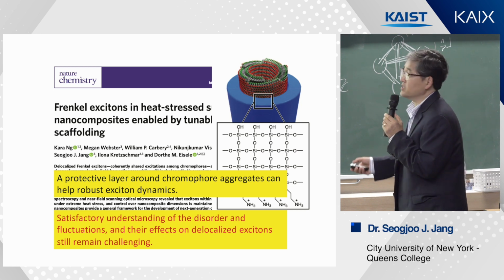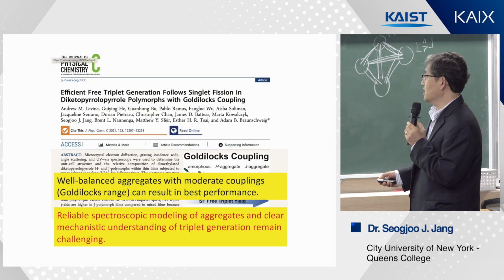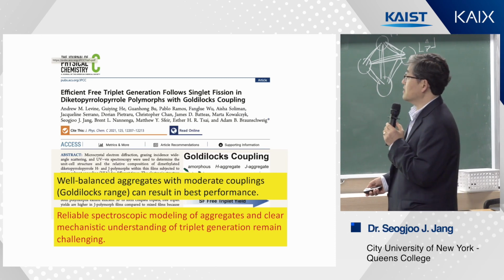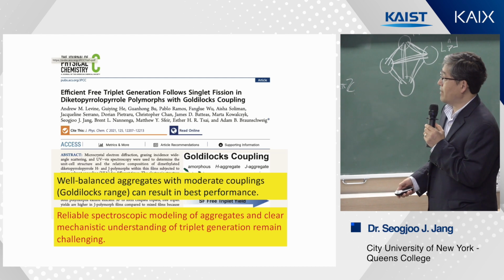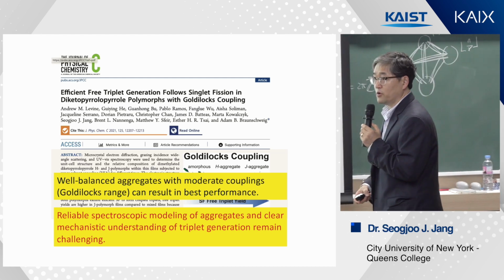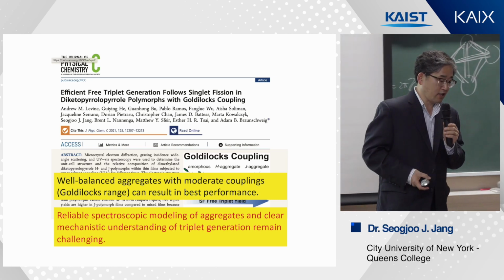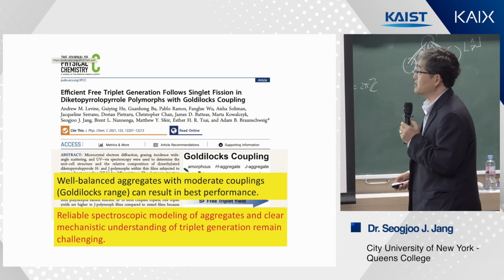But the problem is that a satisfactory understanding of the disorder and fluctuations and their effect on delocalized excitons still remains a very difficult issue to model and understand. There has also been great interest in utilizing triplets for efficient solar energy conversion.